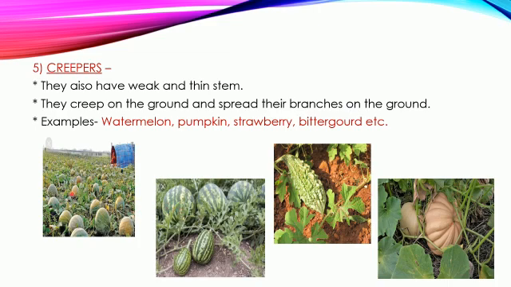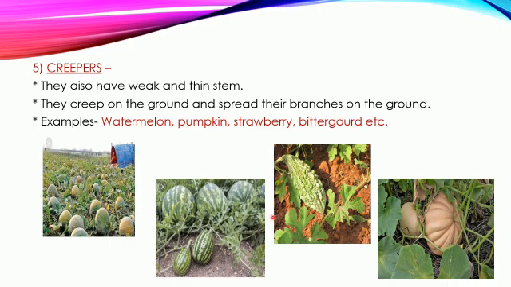See, this is the pumpkin plant. It is creeping on the ground. Here also you can see it is the watermelon. You can also see the ground very clearly here. It is growing on the ground only, creeping on the ground only. Bitter gourd. Here also you can see the soil. It is creeping on the ground.